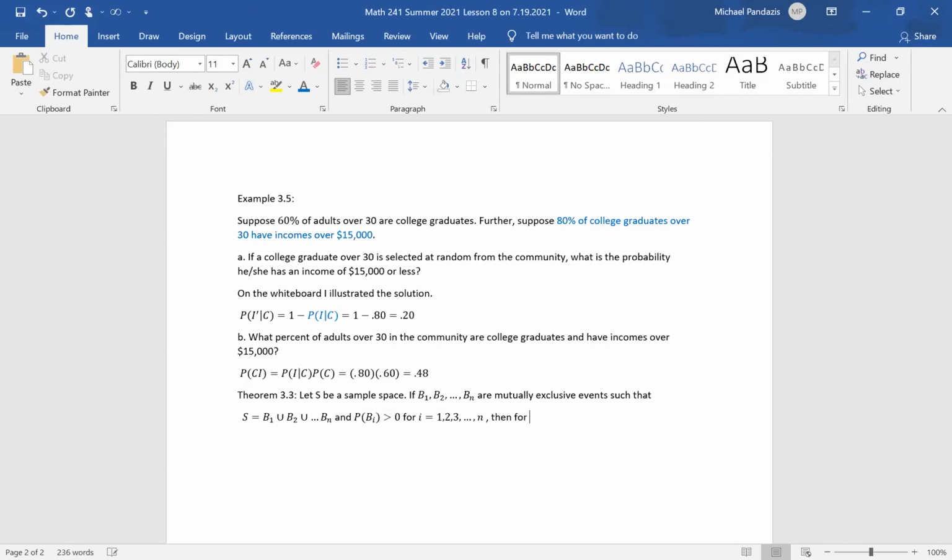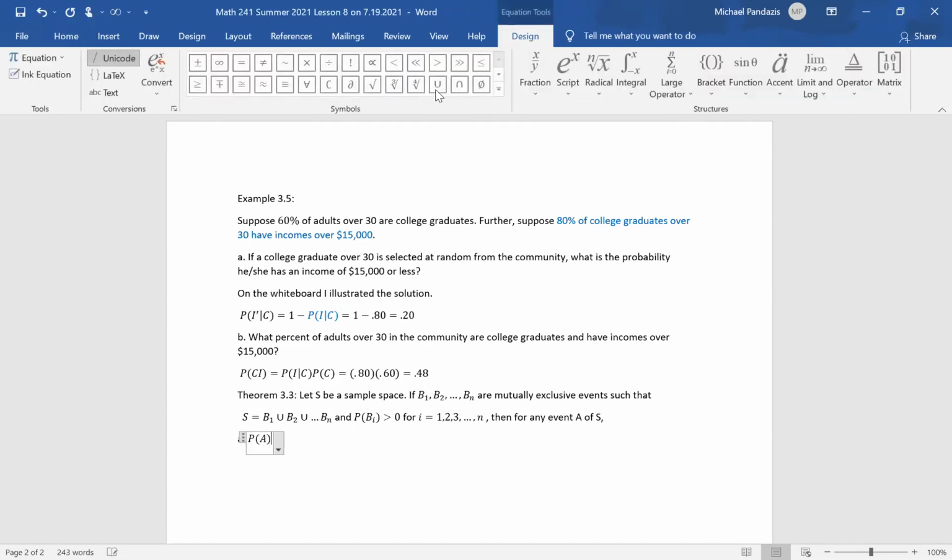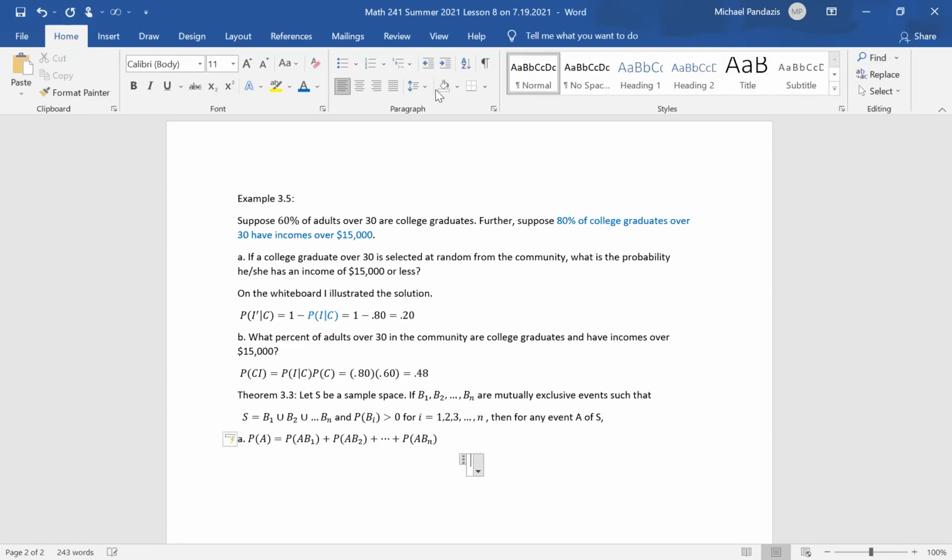Then for any event A of S, part A is that the probability of A is equal to the probability of A and B1 plus the probability of A and B2 plus, we're basically using this for two sets, the probability of A and Bn, just applied to more sets.